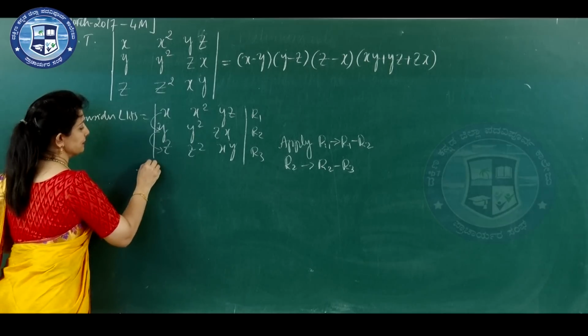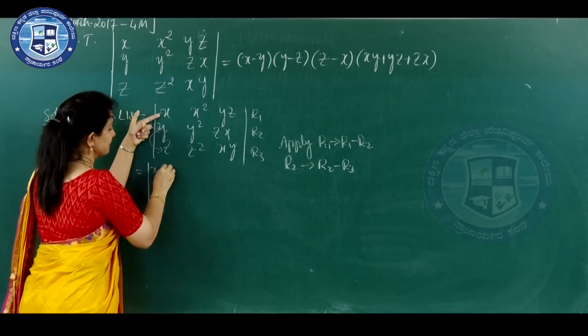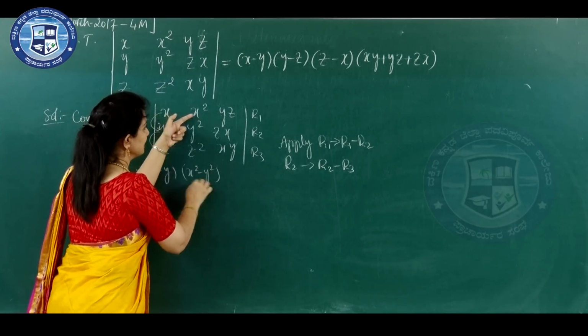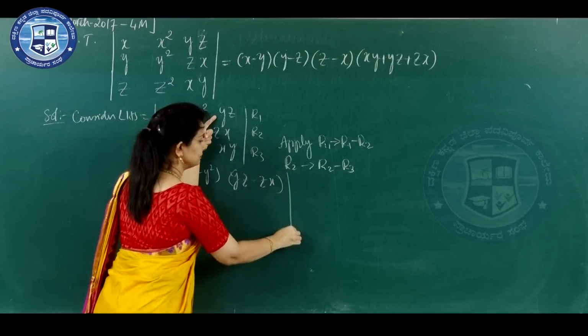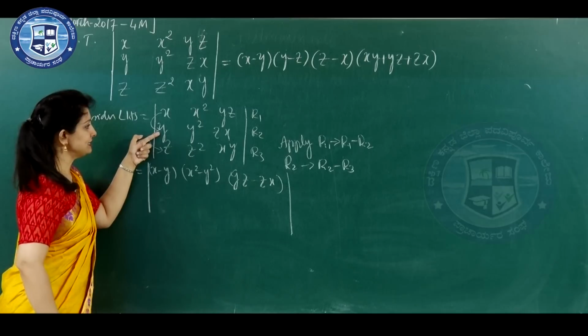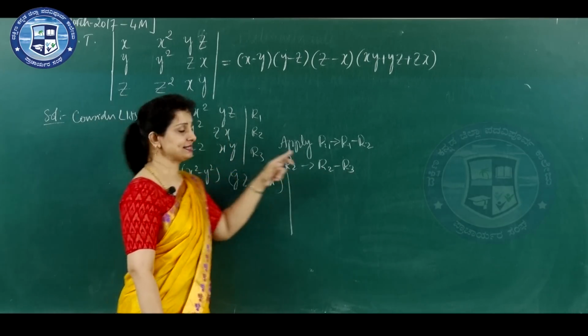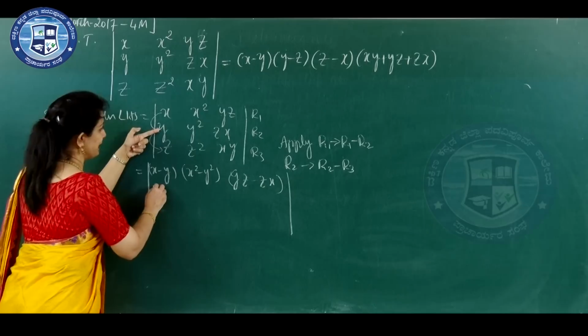So, what is this? Subtract first row and second row elements, x minus y, then x square minus y square, after that yz minus zx, first row elements. Now, the second row implies second row minus third row elements. So, R2 minus R3. So, what are R2 minus R3?